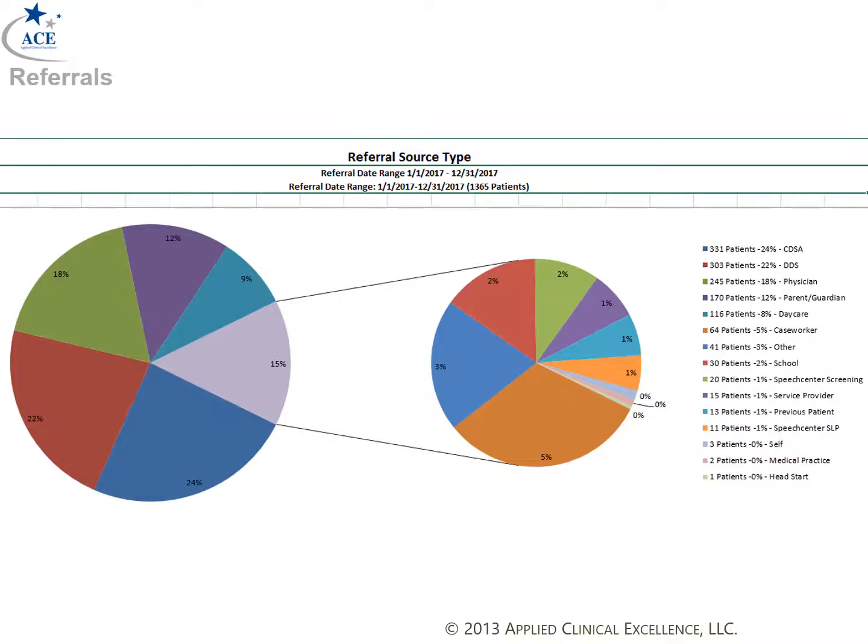The way the program actually creates this graph is by pulling the data out of ACE and having it automatically populate an Excel document. So based on this report, I can see that we received 1,365 referrals in 2017. 24% were from the CDSA, 22% were DDS patients, 18% were referred by their physician, etc.